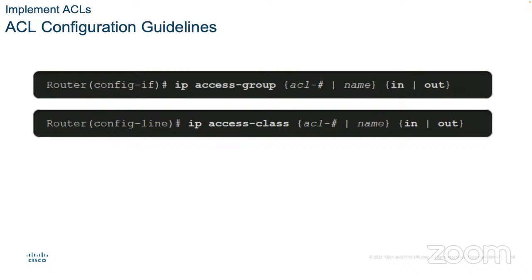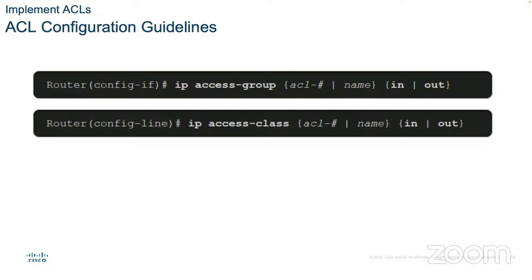So you create that ACL, you apply it, you ensure that the last statement is an implicit deny any or deny IP any. Remember that statement order is important because ACLs are processed top to down. You remember that ACL, it's only one per interface per protocol per direction.